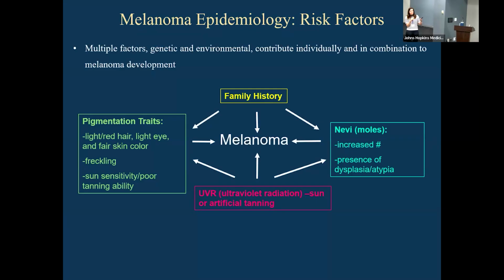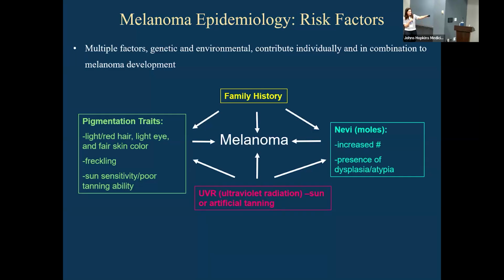And we know that there are genetic and environmental risk factors, and they work individually as well as in combination to contribute to melanoma development. So if we look at family history on the top in yellow, we know that people who have a first-degree family member with melanoma will themselves have an increased risk for melanoma. If we look to the left side in green, pigmentation traits, we know that patients who have fair skin, light colored hair, red hair, easy freckling, poor tanning ability, sun sensitivity, those patients have an increased risk for melanoma.